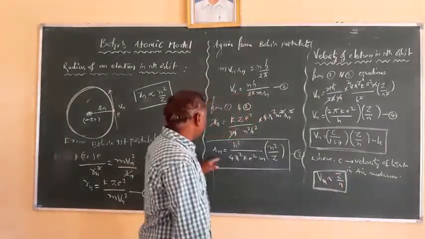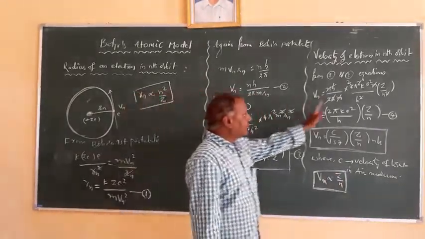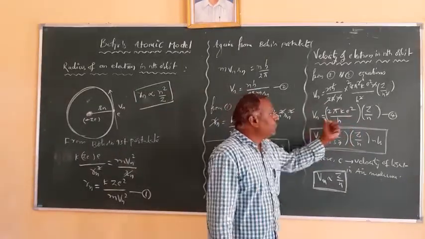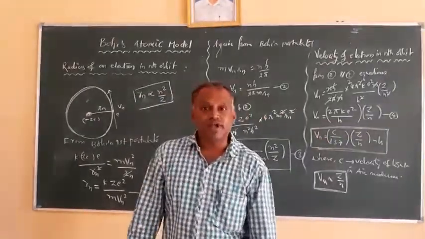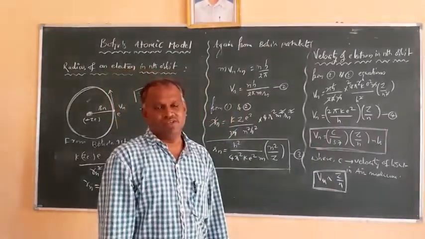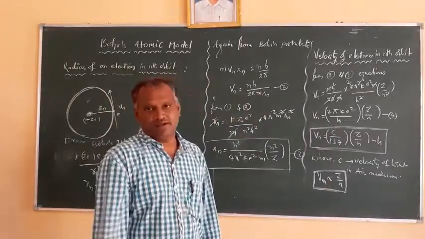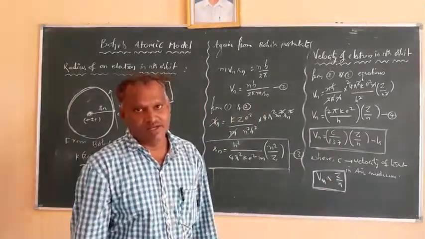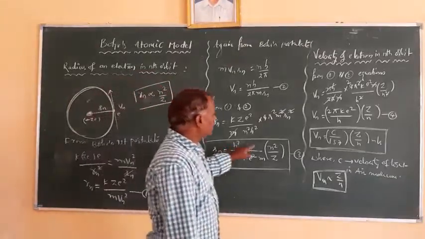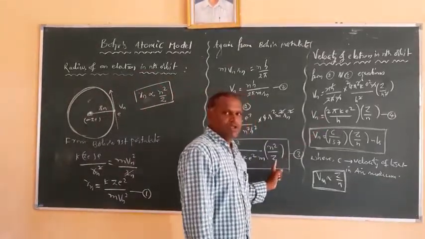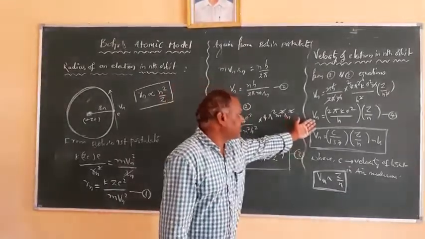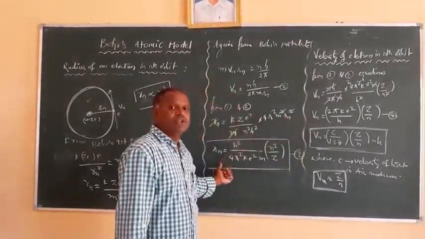So we calculated the radius. We calculated the velocity. We got these 3 and 4 equations. By using these equations, you can find out the angular velocity and the time period. First, I will compare the third and fourth equations, because omega is equal to V by R. We know the velocity of electron in nth orbit, and we know the radius of the electron in nth orbit.